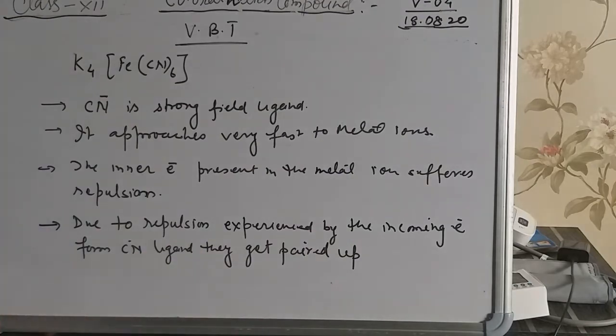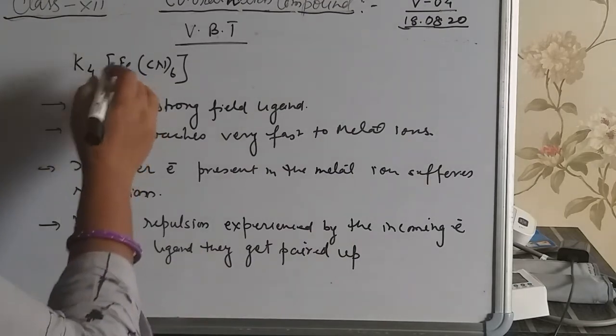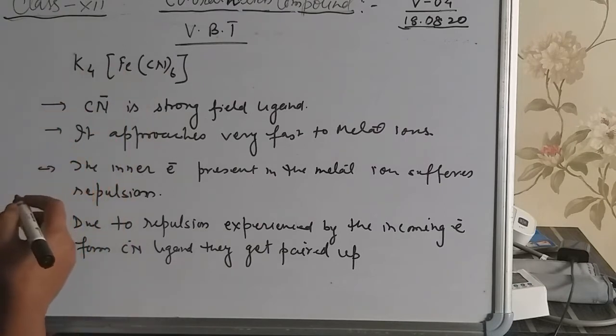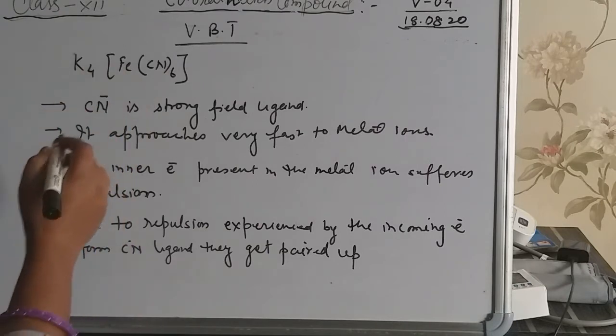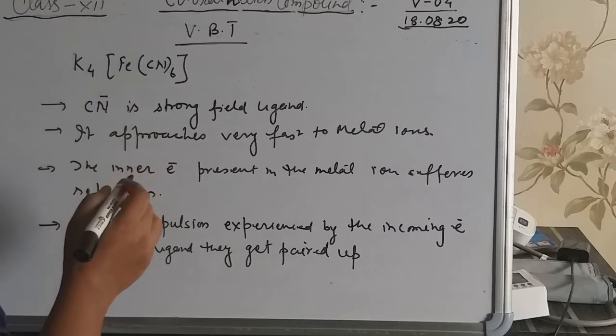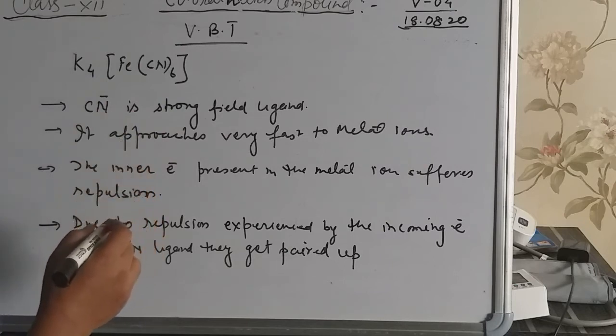That is the reason: due to the presence of strong ligands, the unpaired electrons present in the central metal atom get paired up, because a strong ligand has a tendency to pair the unpaired electrons.